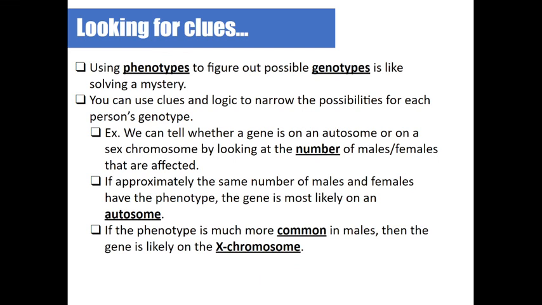For example, we can tell whether a gene is on an autosome or on a sex chromosome by looking at the number of males and females that are affected. If approximately the same number of males and females have the phenotype, the gene is most likely on an autosome. If the phenotype is much more common in males, then the gene is most likely on the X chromosome. So part of it's kind of a guessing game.